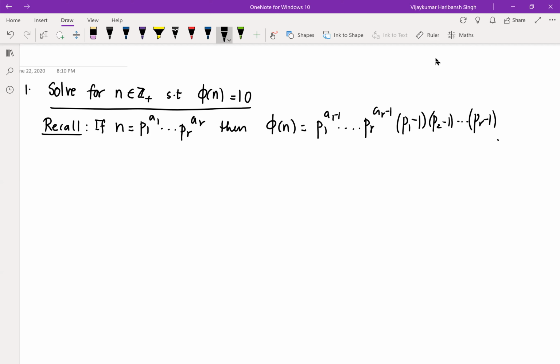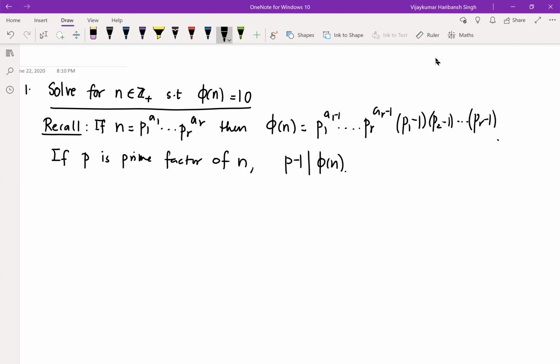Now, notice the following. If p is a prime factor of n, then p minus 1 divides phi of n, right? So p minus 1 should be a factor of phi of n.